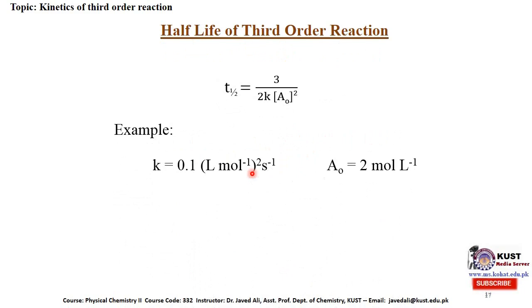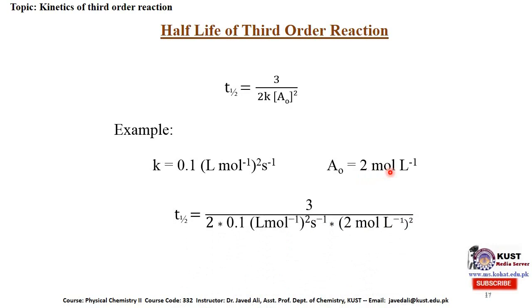Now, we can calculate the half-life of a reaction if we know k and a naught by using the half-life equation. For example, if we know k is equal to 0.1 liter per mole whole square per second and a naught is equal to 2 mole per liter, then the half-life of the reaction can be calculated by using this equation. So the half-life is equal to 3 divided by 2 into 0.1 liter per mole whole square per second into (2 moles per liter) whole square.